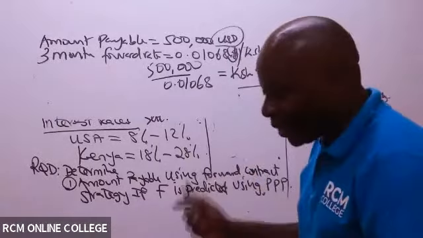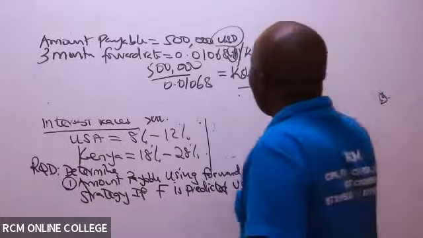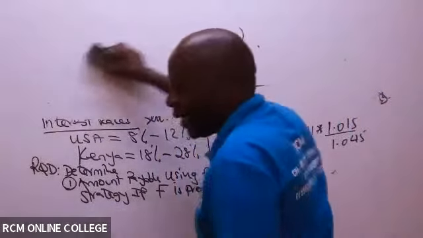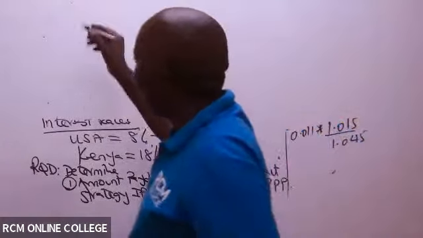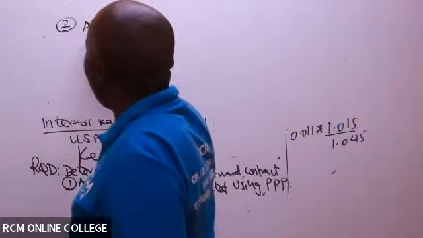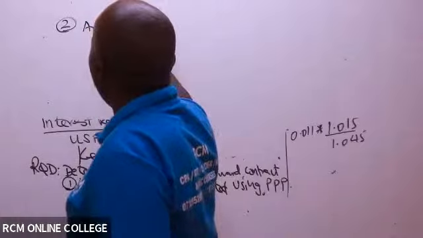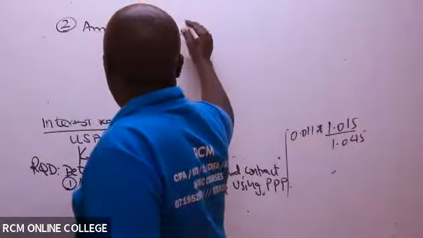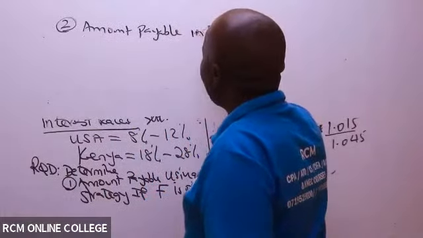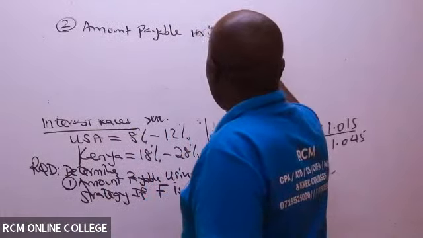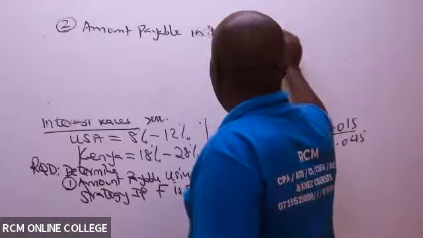So then let's go to number 2. So now we are writing number 2 down. Amount payable in Kenya shillings using forward contract.